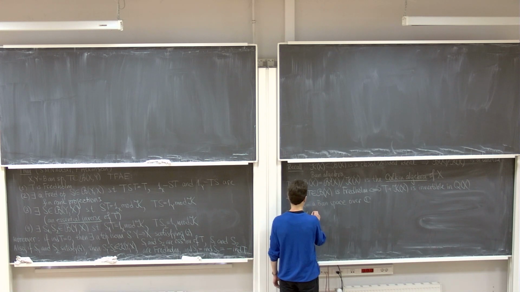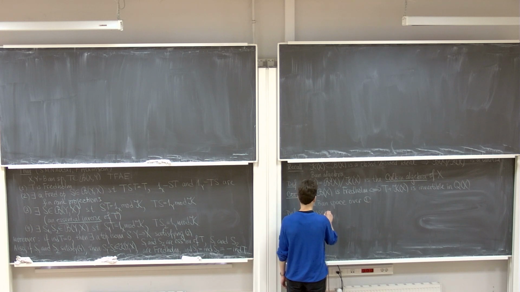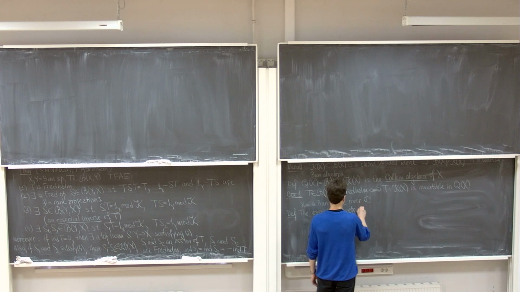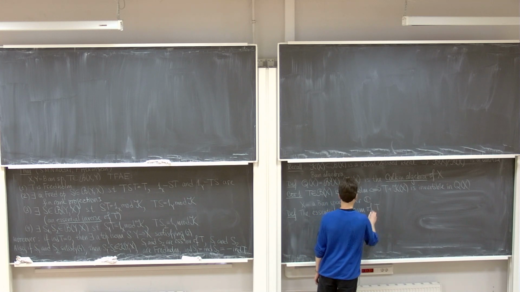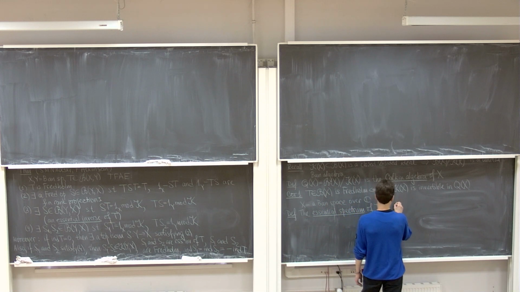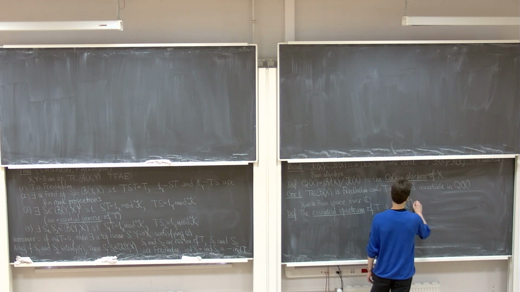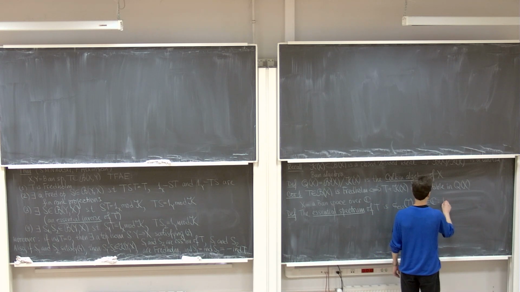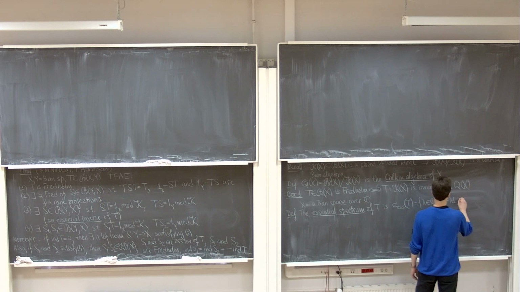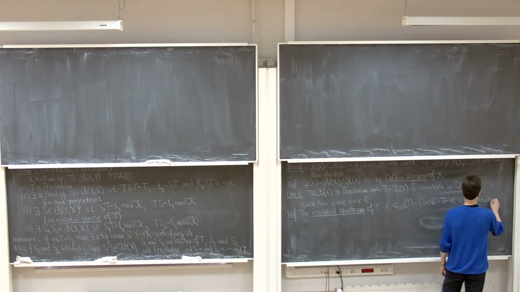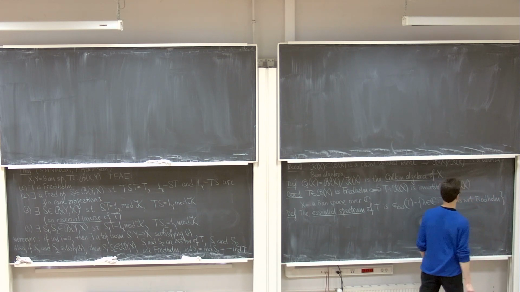The essential spectrum of T to be the set denoted in this way, sigma essential of T. This is the set of those complex numbers lambda such that the operator T minus lambda is not Fredholm.